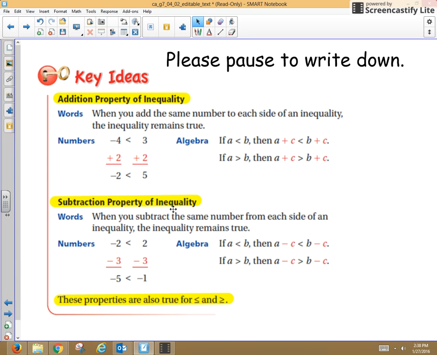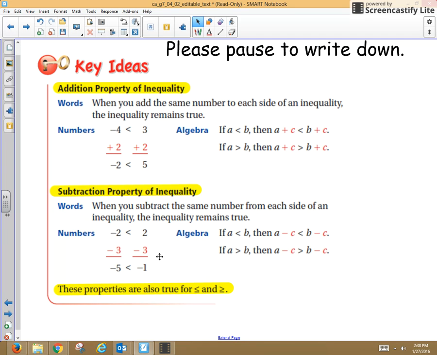The subtraction property of inequality states that when you subtract the same number from each side of an inequality, the inequality remains true. For example, if you have -2 is less than +2, subtracting 3 from both sides means -5 is still less than -1.